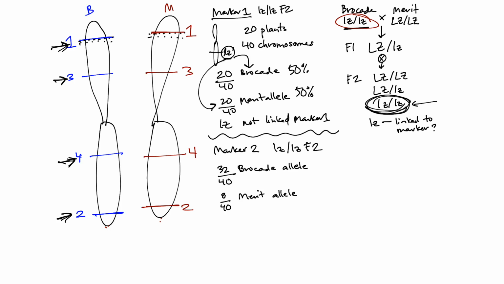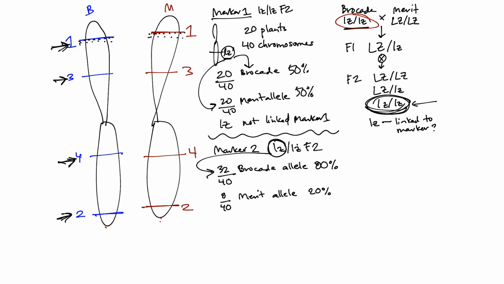If we do the math, that's 20% have the Merit allele, and 80% have the Brocade allele. So the LZ allele, wherever it might be located, stays with the Brocade allele of marker 2 80% of the time, and only 20% of the time do we see the little LZ allele associate with Merit.